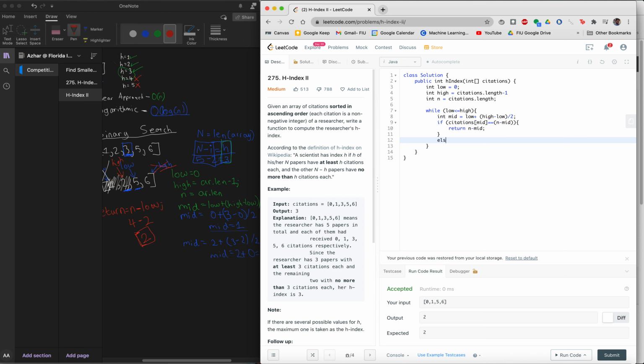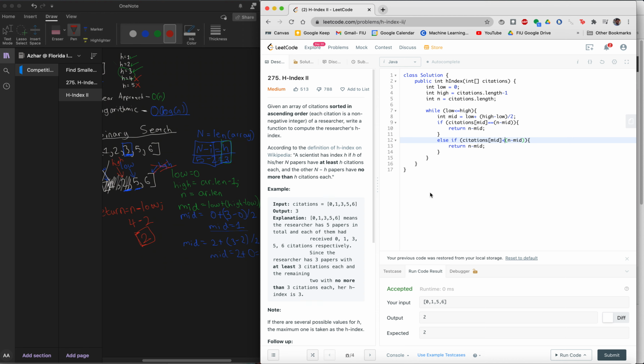Else if, so we came up with a few different cases. There are two other test cases. If citations at mid is less than, right?